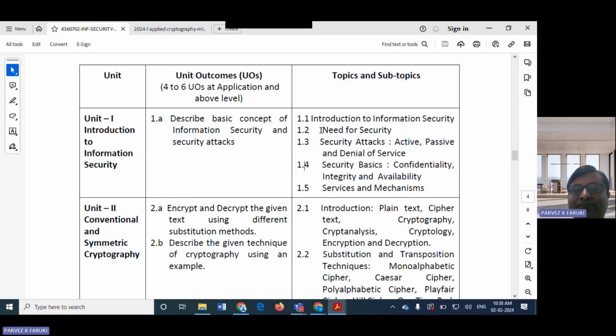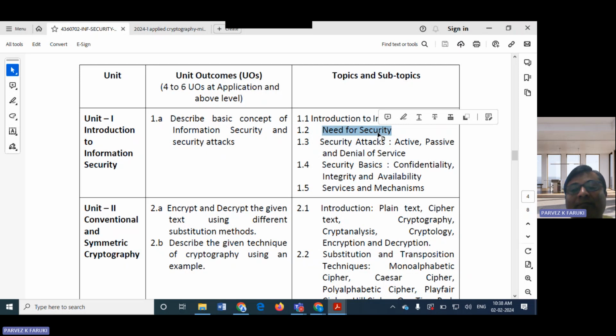Now, let's just recap. We discussed information security. We discussed Alice, Bob, and Eve. Alice is a client, your browser instance. Bob is your server, and Eve is your adversary.